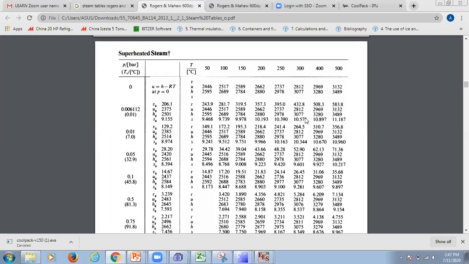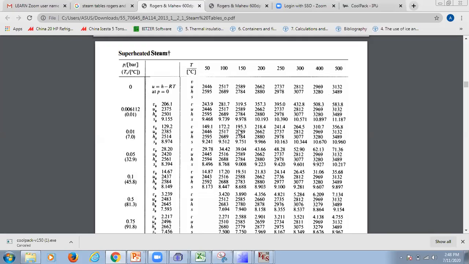And the enthalpies, and the U means the internal energy value, and the specific volume is Vg. V, U, H, and S. Later we will see further on this. Today we are just drilling how to get the values, how to derive the values.